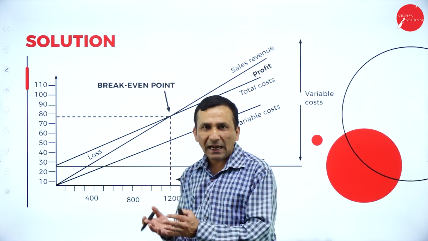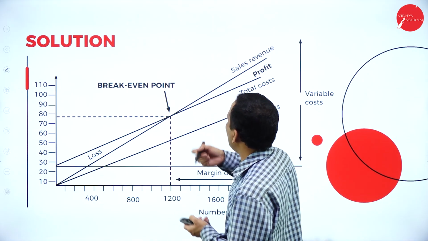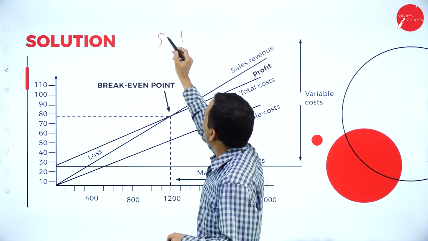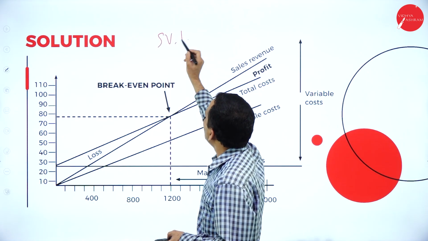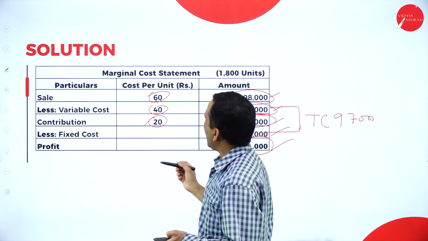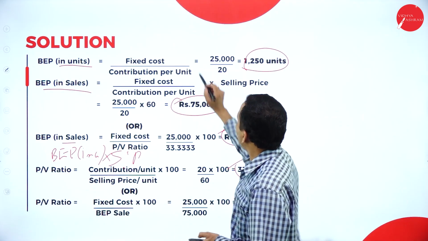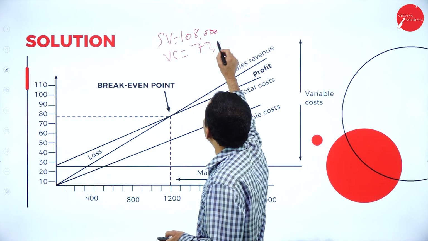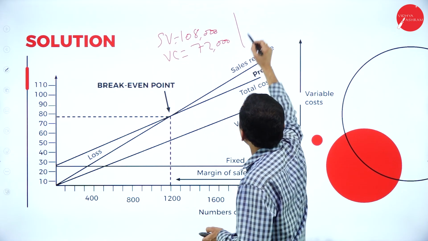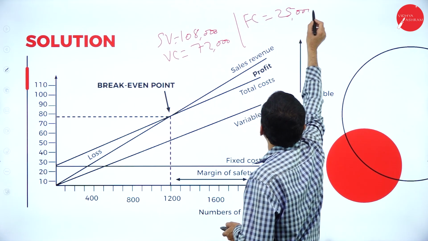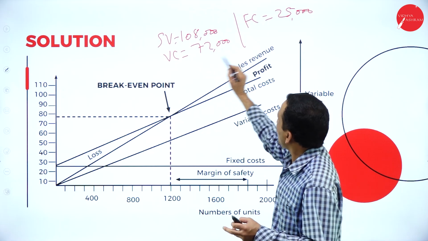Moving forward to the graph, whatever the data. With the help of the marginal cost statement, we got the sales value of 1,08,000 and the variable cost of 72,000. The fixed cost value in the question is 25,000. How are we finding the total cost?